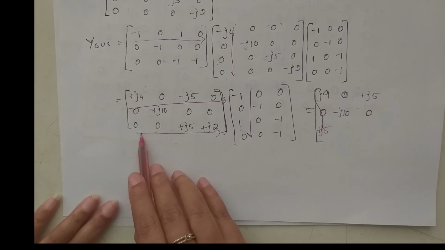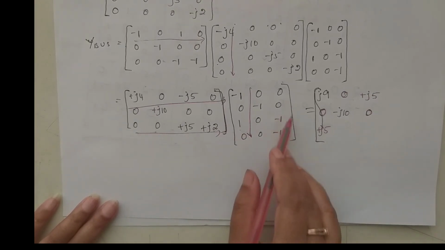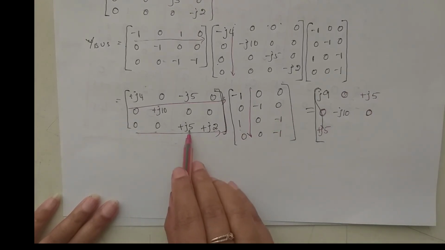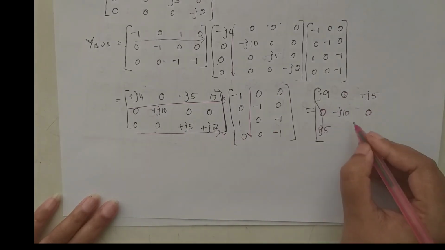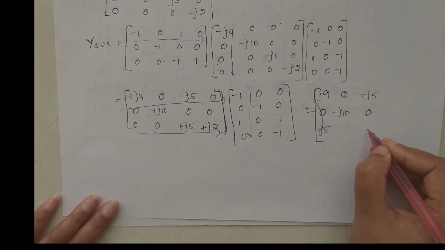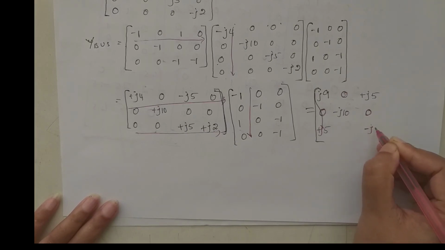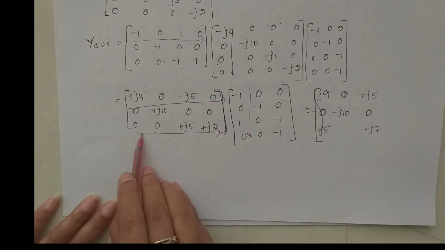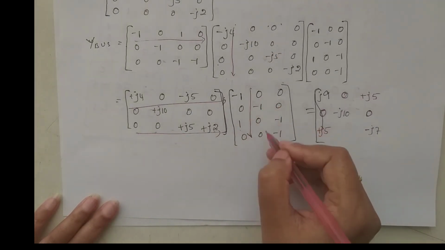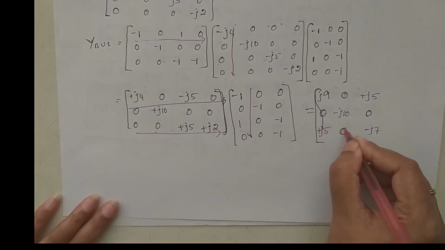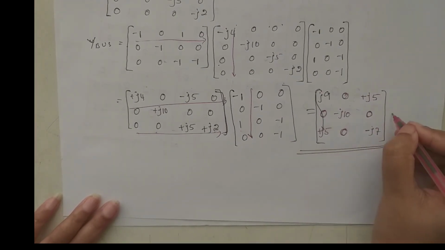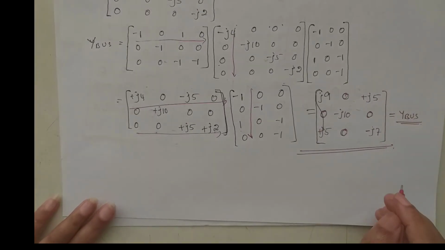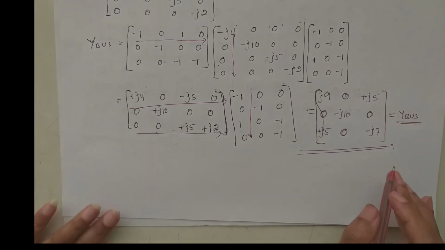Third row with the third column, minus j5 plus minus j2, so it is minus j7, and third row with the second column it is 0. This is the matrix we are going to get, the Y bus matrix, which we got by solving the problem.